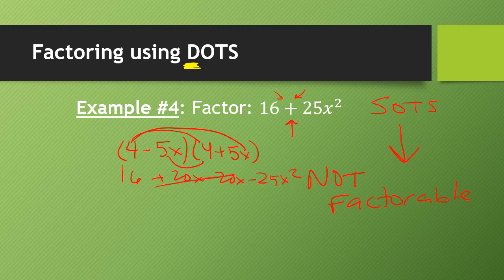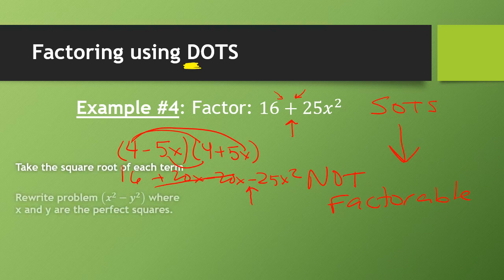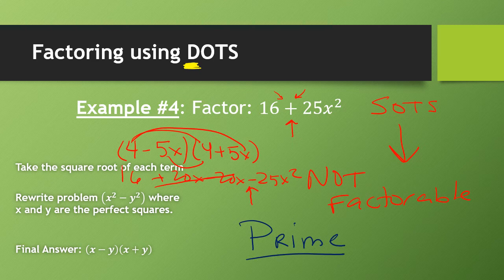So these cancel out, but the problem is this sign right here does not turn into a plus. So you can try to go through all these steps if you want to, but because it's not a difference of two squares, you'll just write not factorable, or you could use another amazing word that we learned earlier this unit, it's prime.